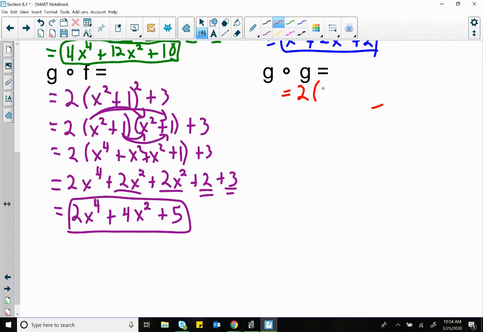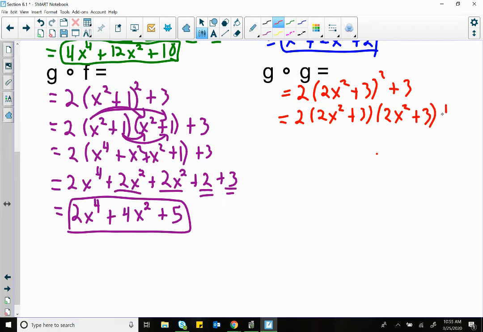Oh, I see x, so we're going to put 2x squared plus 3, and that is squared, plus 3 on the outside. See, we just plug G into itself. So again, this really looks like 2, and then it's 2x squared plus 3 times 2x squared plus 3, and then a plus 3 on the end.